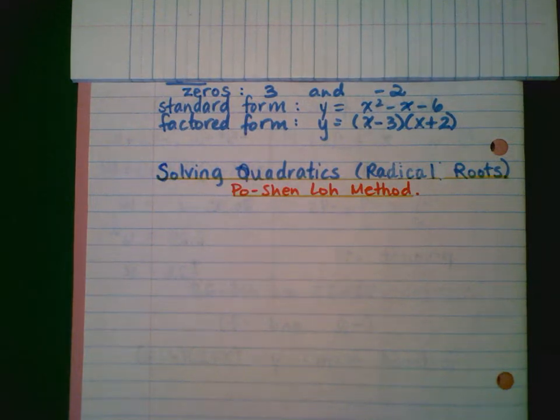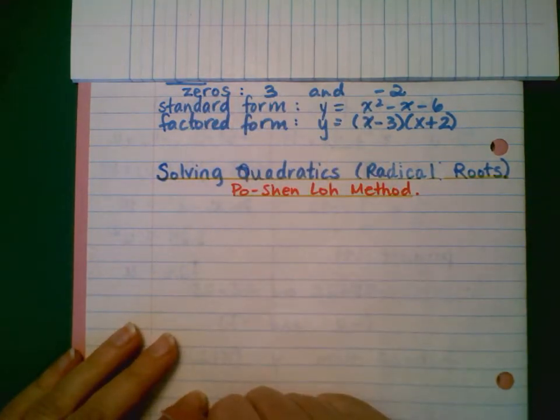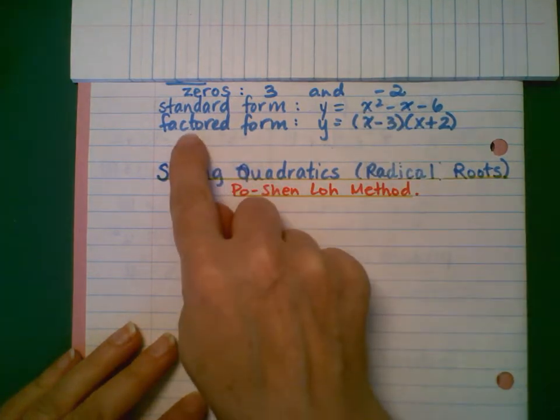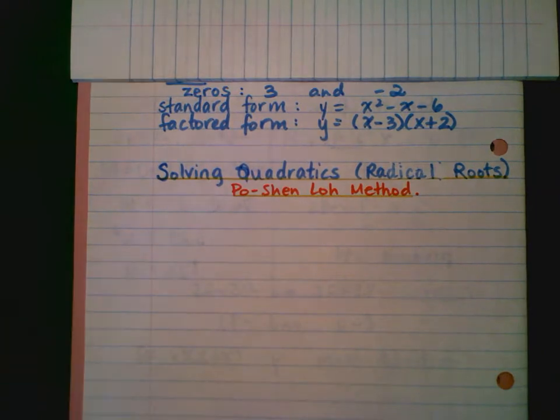Hello. In a previous video, we looked at using the Po-Shen method to solve for the zeros of a quadratic expression or equation, and also to then use those zeros to generate the factored form of that equation. In this video, we're going to be looking at how to use the Po-Shen method to solve when the solutions are not integers.